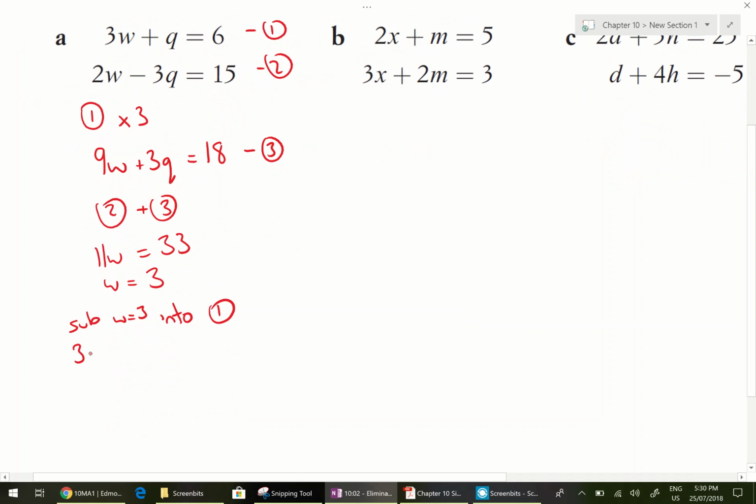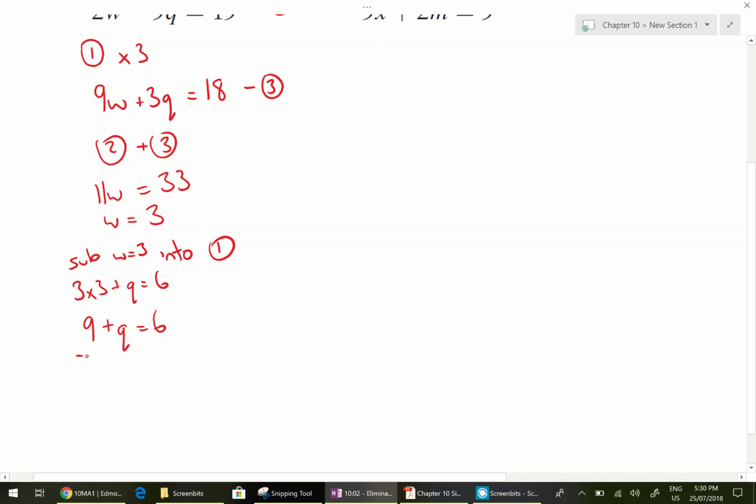So 3w, which is w is 3, plus q equals 6. 3 times 3 is 9, plus q equals 6. To get rid of 9, we're going to subtract 9, so q equals negative 3. Our solution is w equals 3, q equals negative 3.